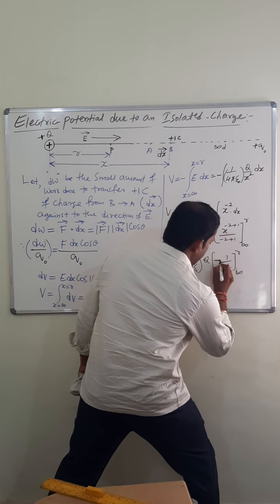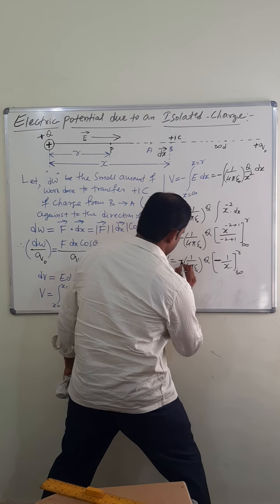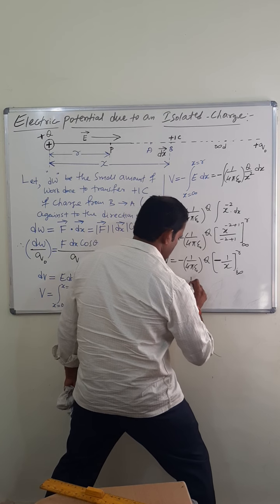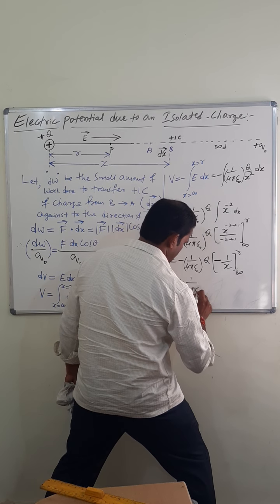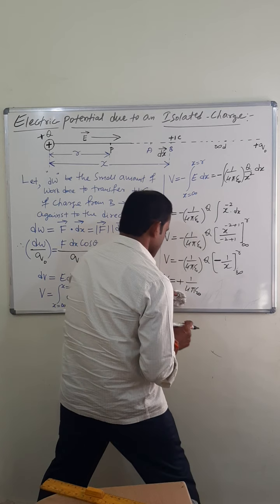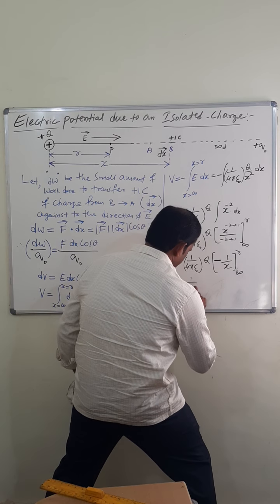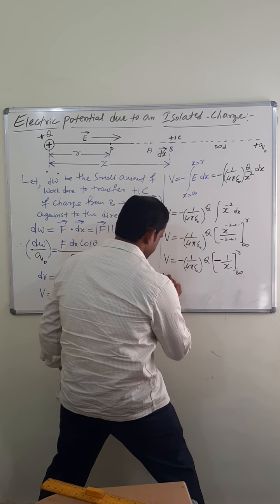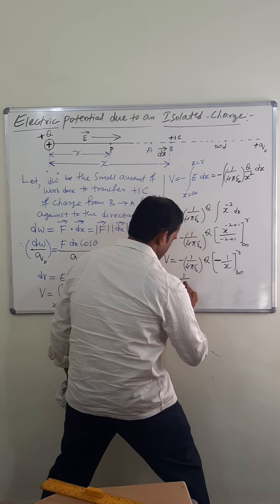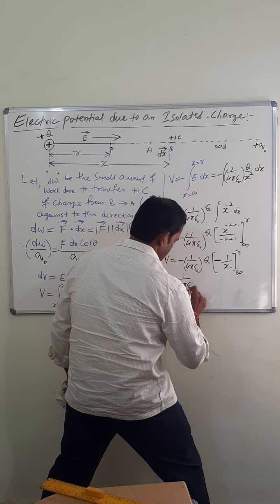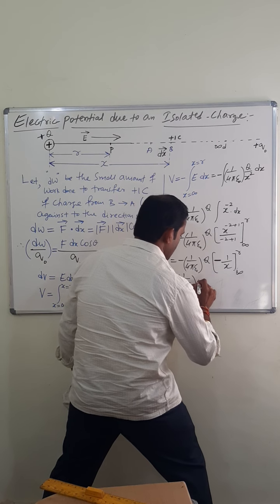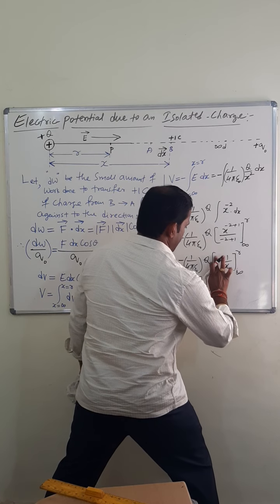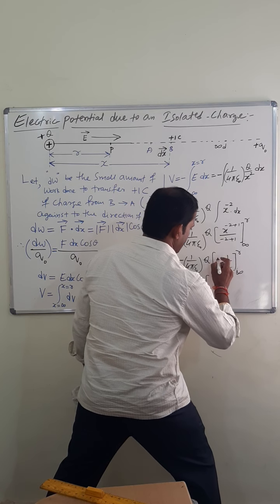Now this minus sign and this minus sign will become plus, so V is equal to plus 1 by 4 pi epsilon naught into q.